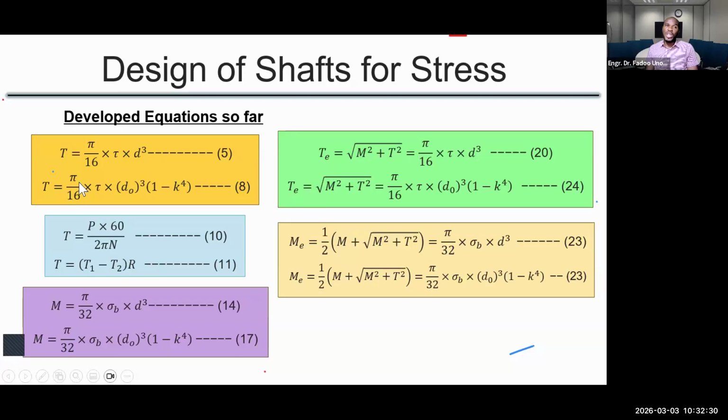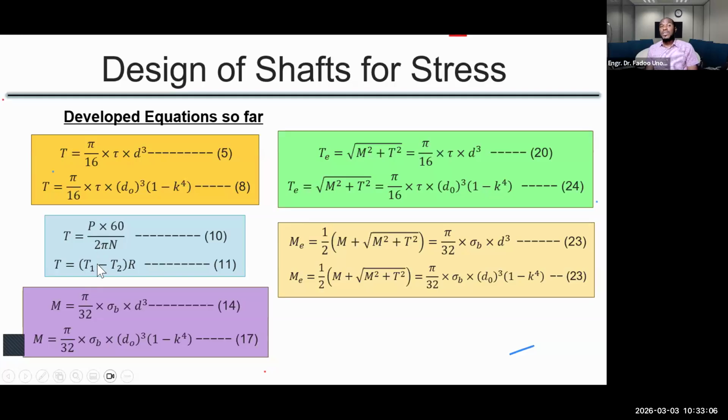If it is a hollow shaft, then your d cubed becomes the outside diameter cubed, bracket open 1 minus k to power 4, where k is the ratio of the inside diameter to the outside diameter of the hollow shaft. Is that okay? And we also mentioned that you can find the torque that is transmitted if you know the power to be transmitted and the speed of the shaft in revolutions per minute, using that expression.